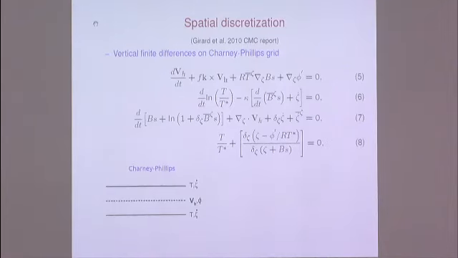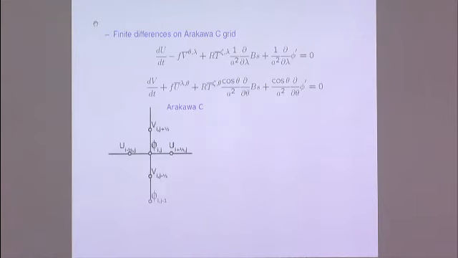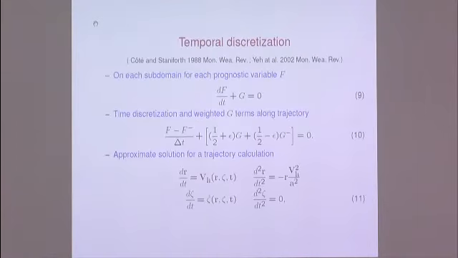So here we replace all vertical finite differences by this operator delta zeta and an averaging operator when we need it. Here we present Charney-Phillips with placement of variables. We use Arakawa-C. This is all known. For temporal discretization we use Côté and Staniforth, 1988, and also Yeh and Orr.